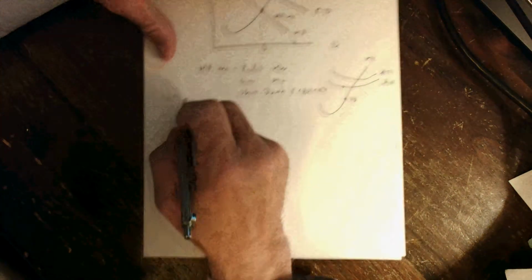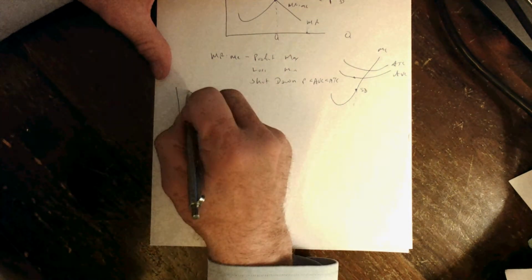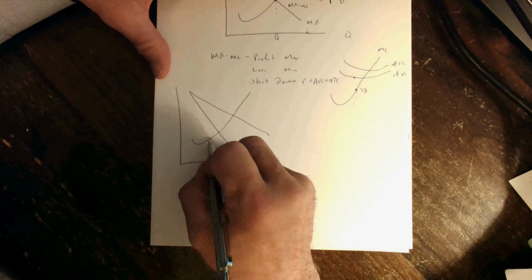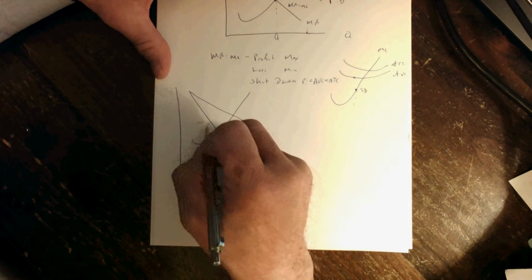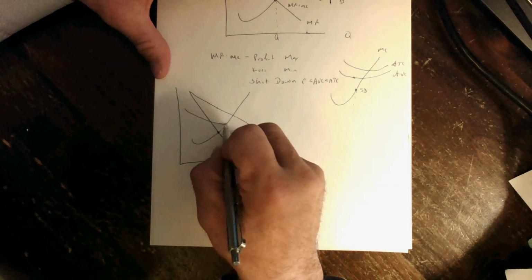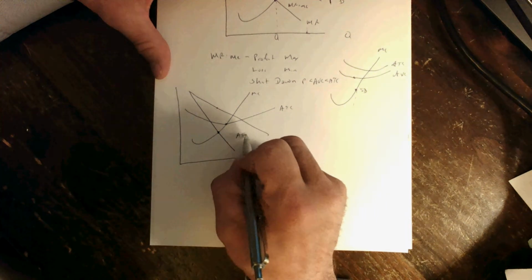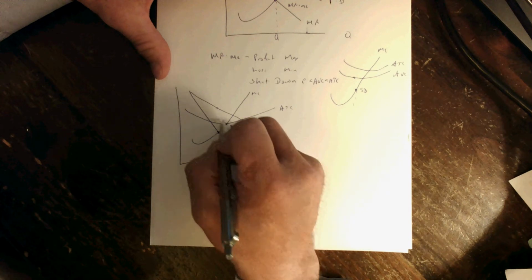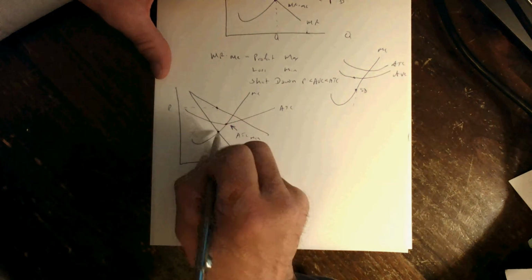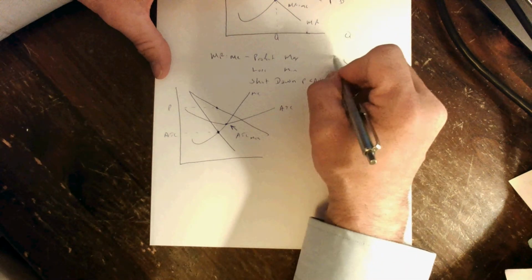Let's just do separate graphs then. If the cost curves look like this, average total cost minimizing where it crosses marginal cost, then at this price-quantity combination, price is greater than average total cost, and this firm is profit maximizing.